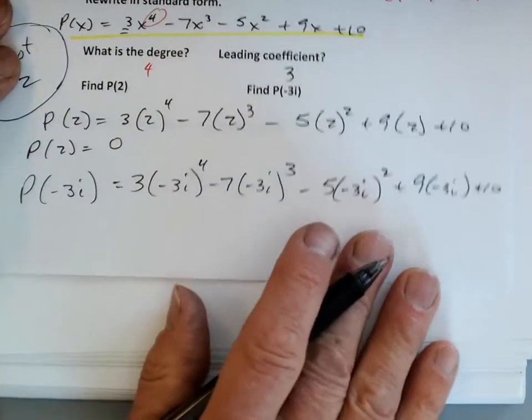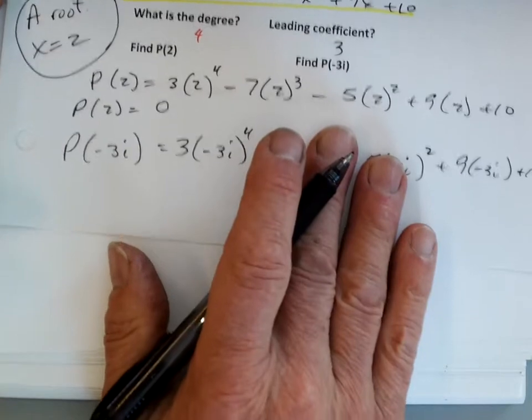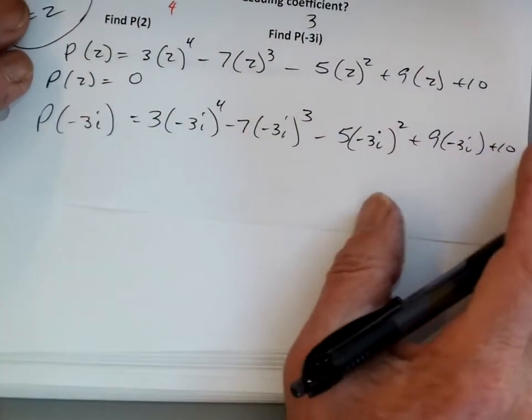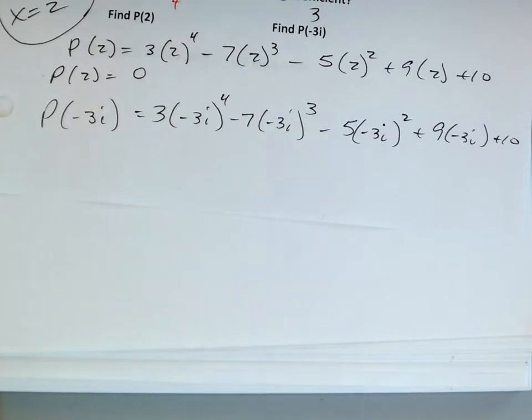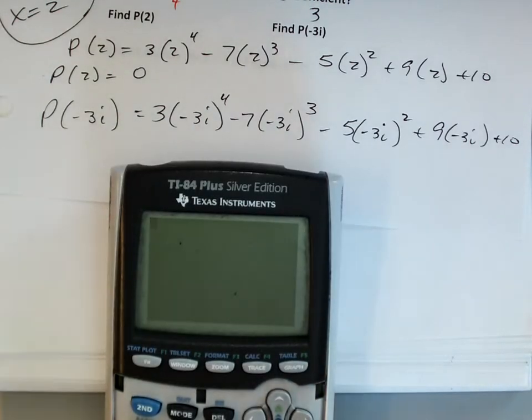We don't use my calculators very often, but they're pretty handy. Don't go buy one, because you can always borrow mine. And then you have an i button, which is really cool. It's down by the decimal.